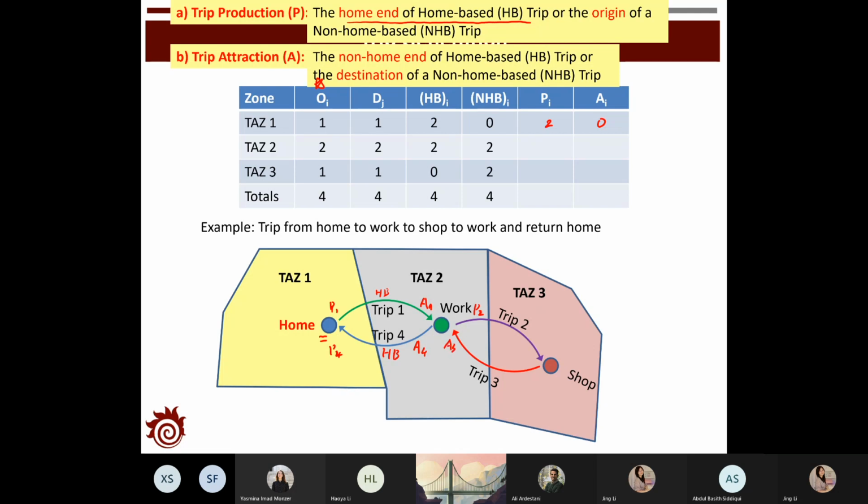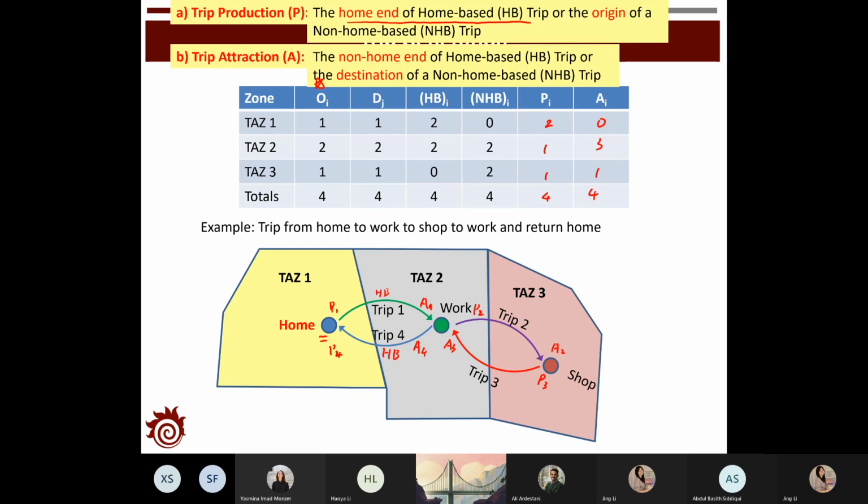So we have 3 attractions and 1 production in zone 2. So it's 1 and 3. Similarly for zone 3, they are non-home-based trips, so we have 1 attraction and 1 production. Altogether we have 4 productions and 4 attractions.